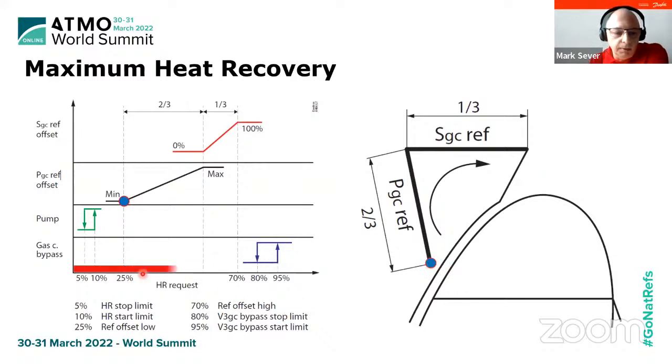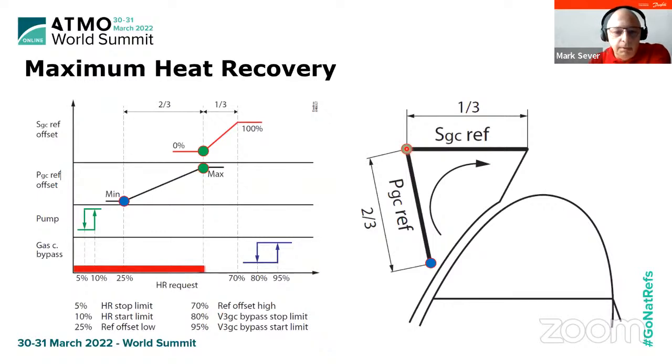Further on, when the heat recovery request is increasing, what is happening? We are moving along this constant temperature isotherm, and the pressure is increased in the gas cooler. When we reach 55% heat recovery request, we will be exactly at the very top left part of this triangle, and this will be the maximum pressure in our gas cooler during heat recovery operation.